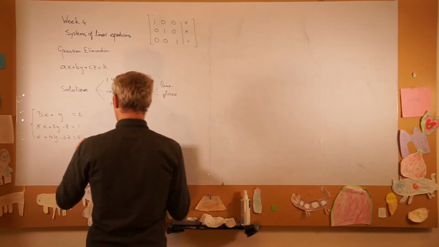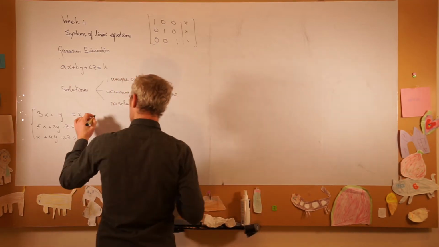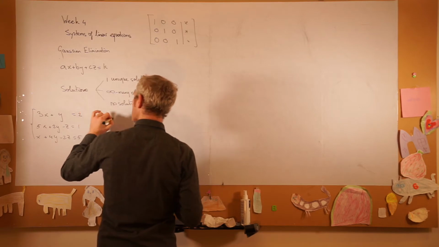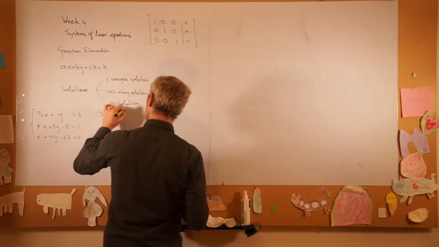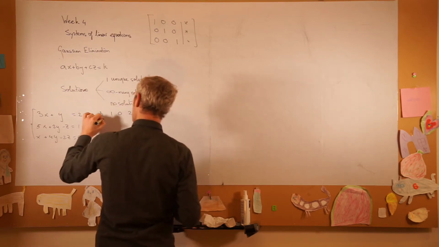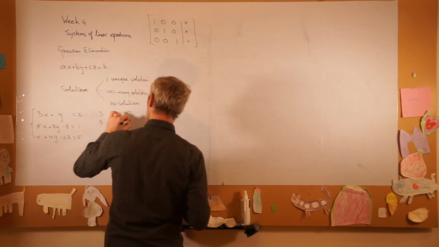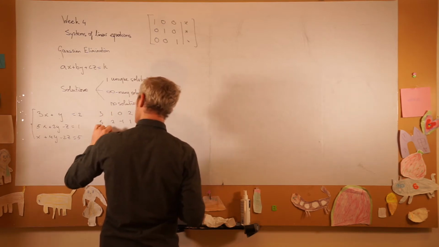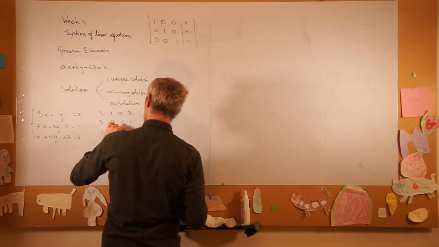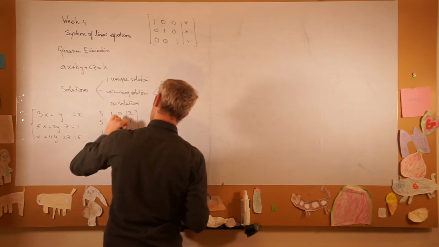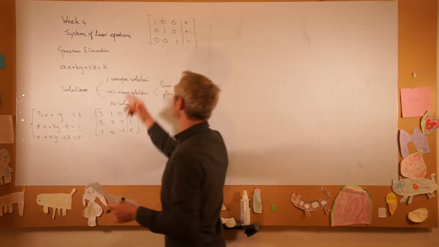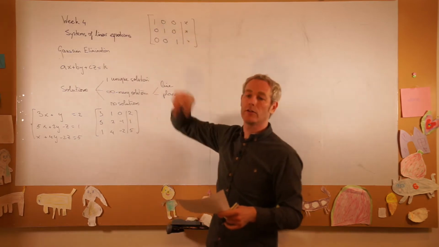So this is equal to the augmented matrix 1, 1, 0, 2; 5, 2, minus 1, 1; 1, 4, minus 2, 5. Now, to end up in this situation, I want a 1 in the top left corner.